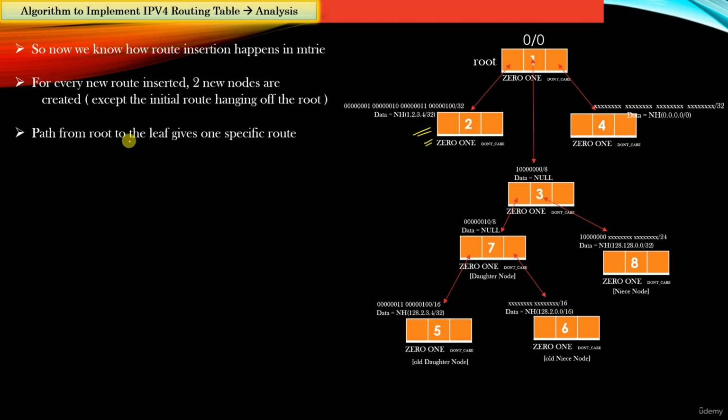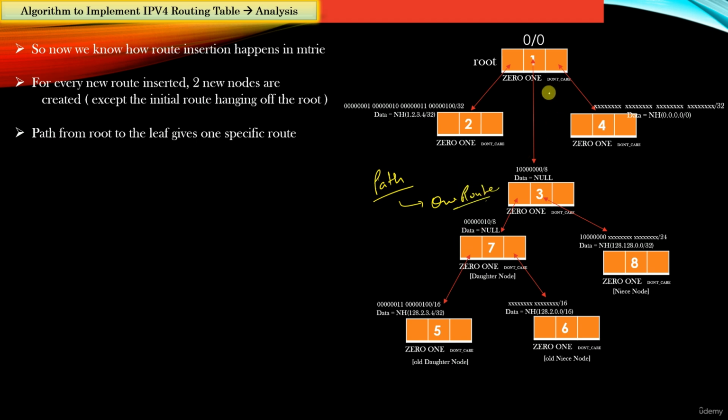Path from the root to the leaf gives one specific route. So this is a tree in which 5 routes were inserted, and if you walk this tree from the root to any leaf along any branch of the tree, each path from the root to the leaf is specific to one route.